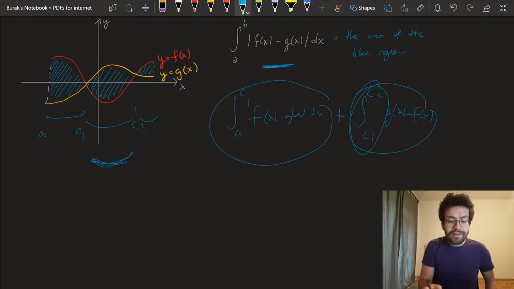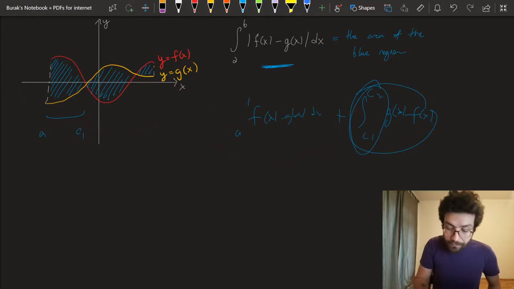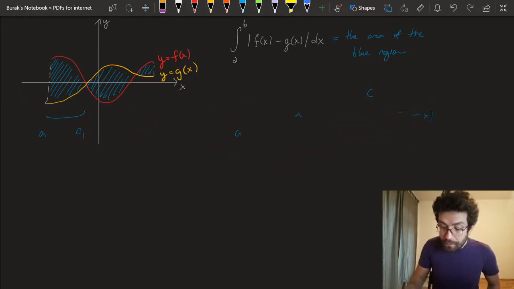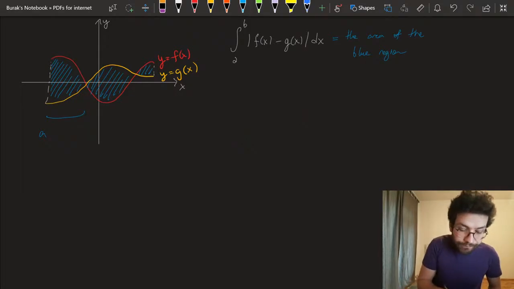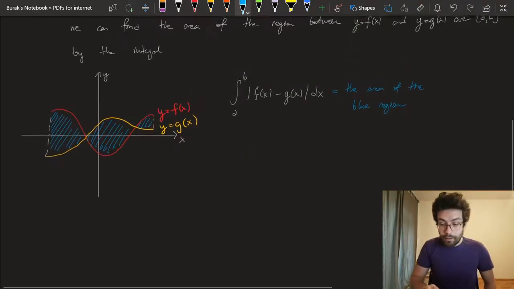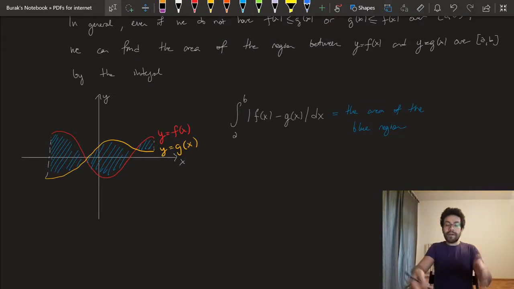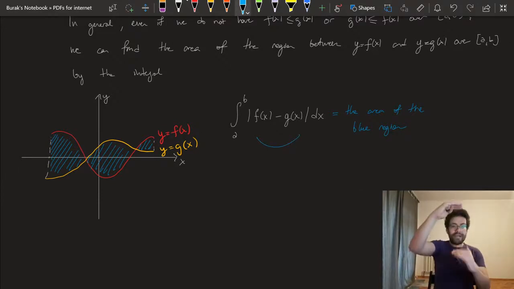Now I add these integrals, and I'm going to get the integral of the absolute value of f minus g from a to b. The point is, this quantity, absolute value of f minus g, no matter what interval you choose, is always going to give you top function minus bottom function. Why?